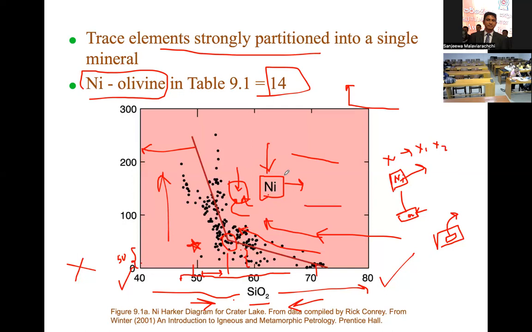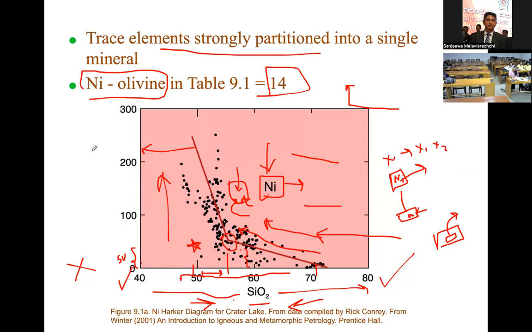So in advanced igneous petrology, you will always be able to interpret your rock systems with respect to melting or crystallization, right? There are some other processes also, but mainly melting or crystallization. This melting can be either mantle melting or even crustal melting.